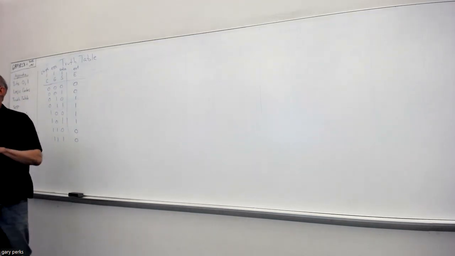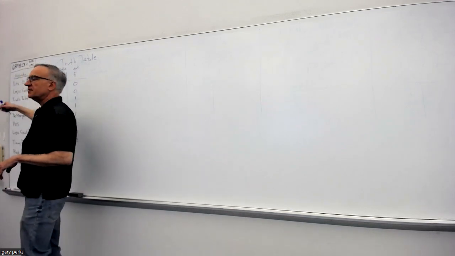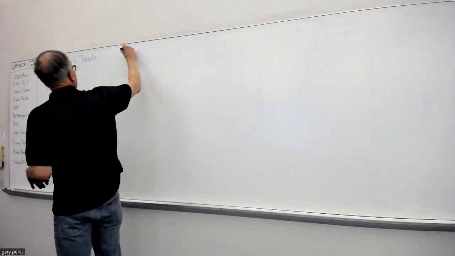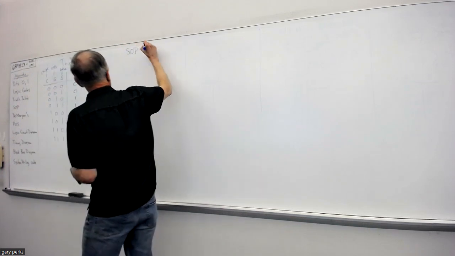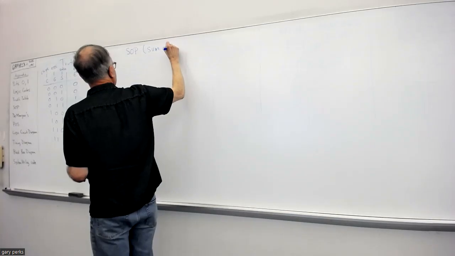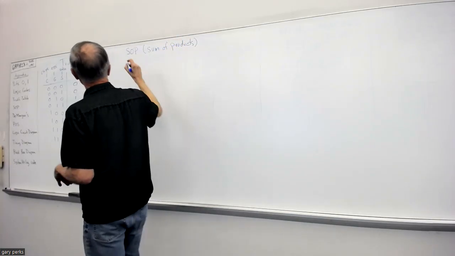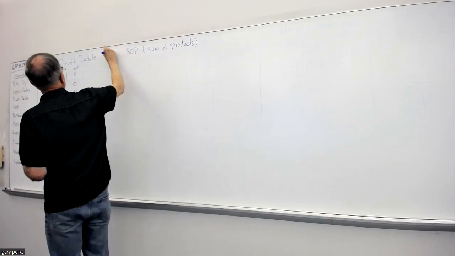Okay. All right. The next thing is SOP. SOP stands for sum of products. Okay, and this is a form of Boolean equation.